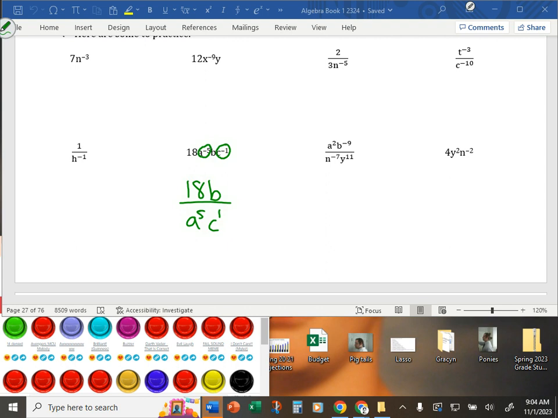Okay. Take the next 2 minutes or so and do these other 3. Check your answer with the partner. And then I will assign you your Wednesday night homework.